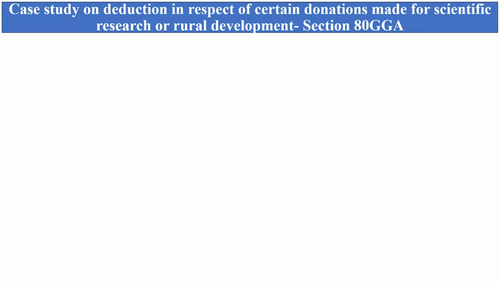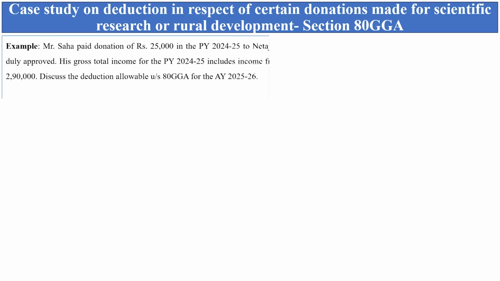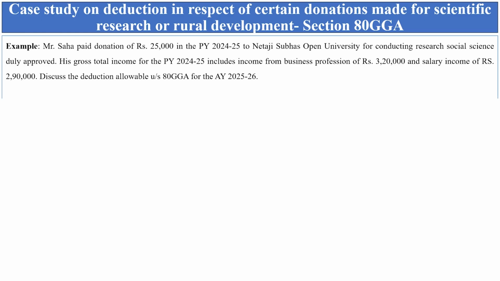Then deduction in respect of certain donations for scientific research or rural development under section 80GGA. Here Mr. Saha paid a donation of 25,000 in the previous year 24-25 to Netaji Subhash Open University for conducting research in social science, duly approved. His gross total income for the previous year includes income from business of 3,20,000 and salary income of 2,90,000.